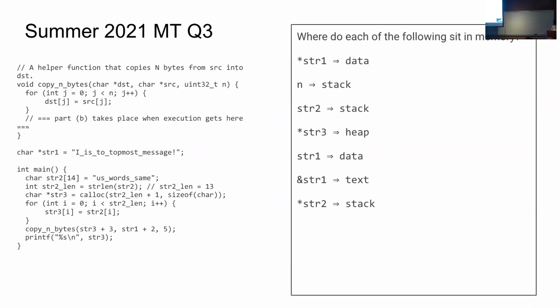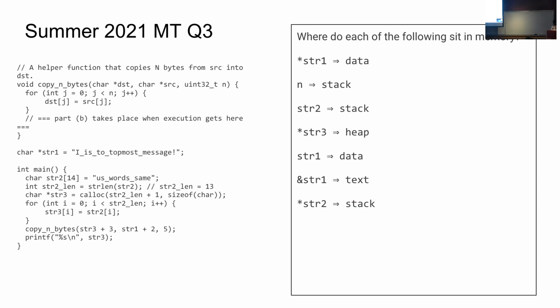So for the answer for the address of stir1, I did ask Peyrin on course staff, and this is the answer that was given. I was not too sure. I had a general idea of why it is, but basically the address of stir1 being in text is implementation and compiler specific.